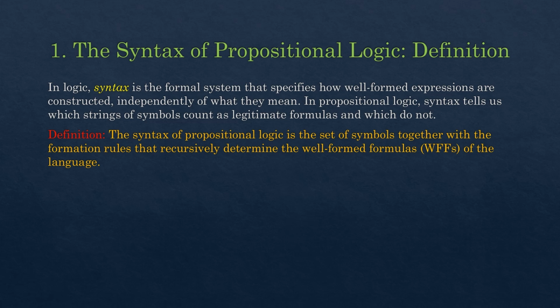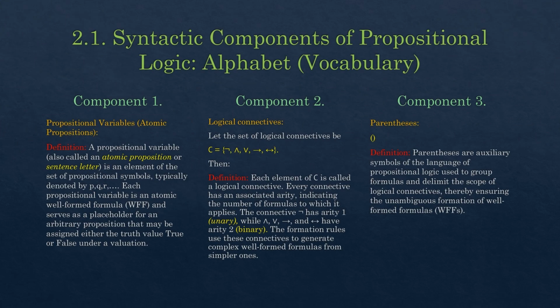The syntax of propositional logic is a set of symbols together with the formation rules that recursively determine the well-formed formulas of the language. We distinguish several components inside the syntactic definition of propositional logic.